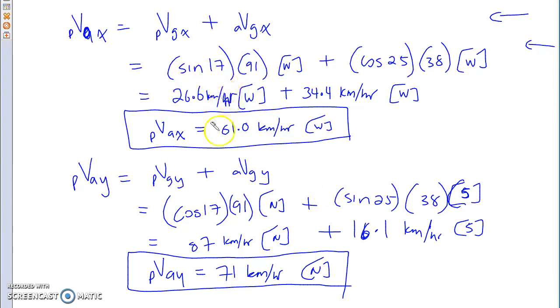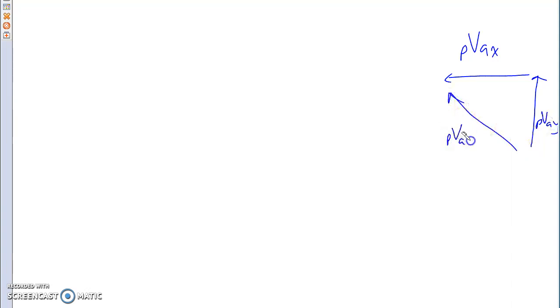After this, we're going to solve for it using Pythagorean theorem. So let us draw the components out. It's west and north, so it's going to look something like this. This is going to be your VPAX, and this is going to be your VPAY, and of course this is your VPA.